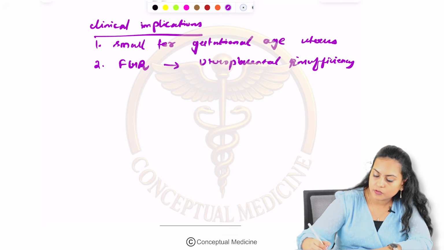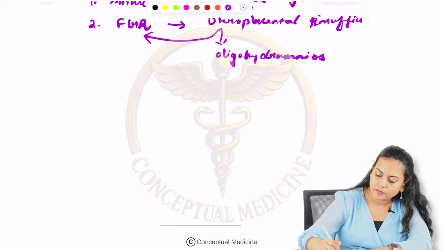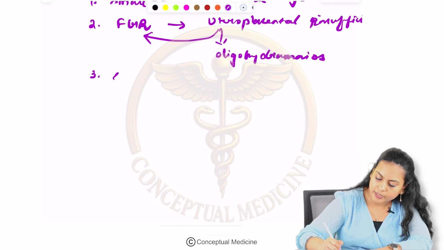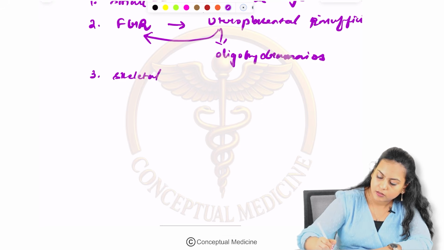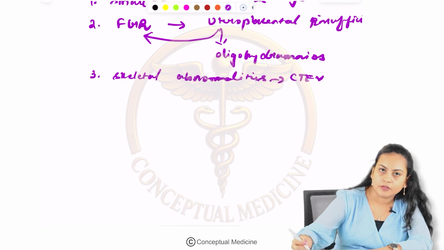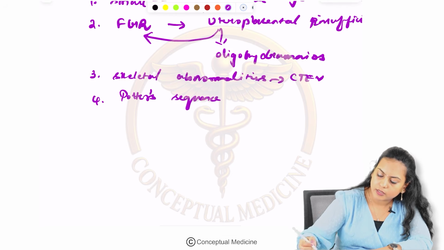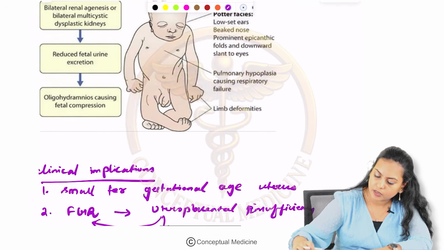So this may give rise to FGR as well as oligohydramnios, and there can be skeletal abnormalities like CTEV. It can give rise to one specific sequence known as Potter's sequence or syndrome.